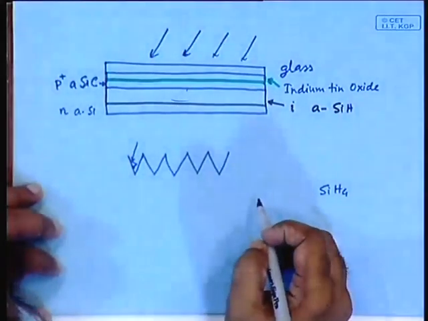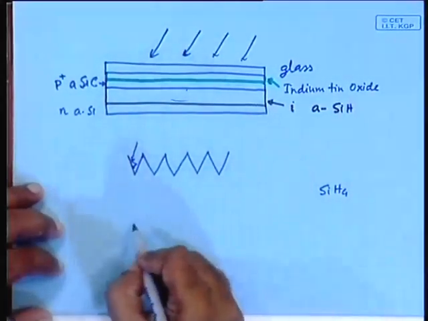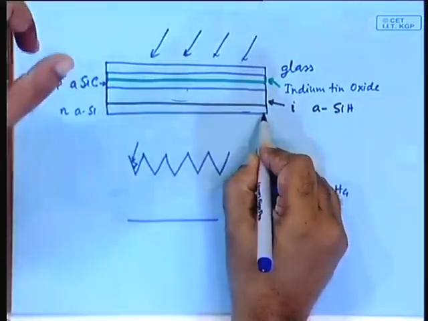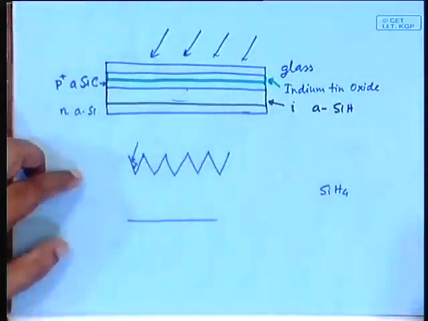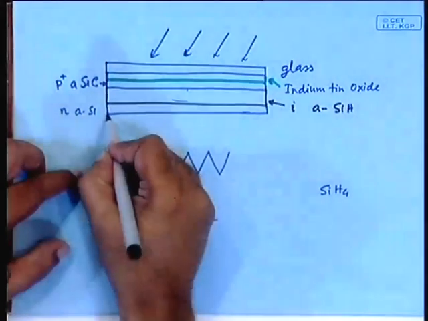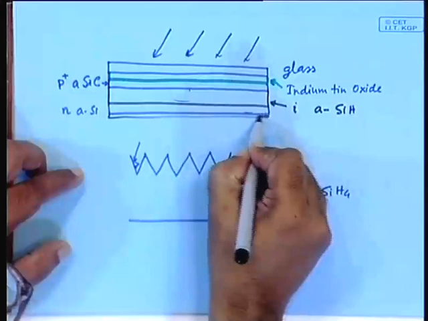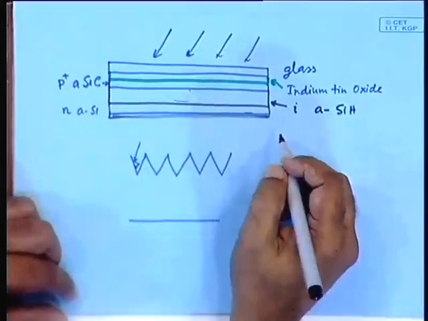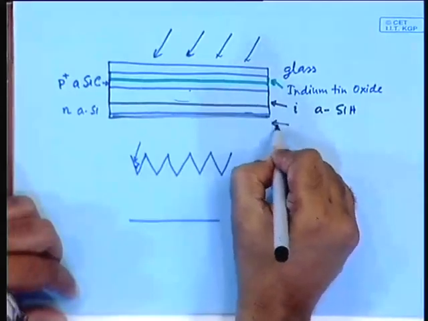The second trick that is used is here at the bottom, here you have to have one conducting layer, right? I forgot to put that. Here there has to be a conducting layer because you have to collect the charge. So, here is a contact layer.